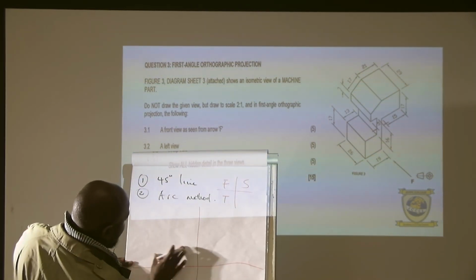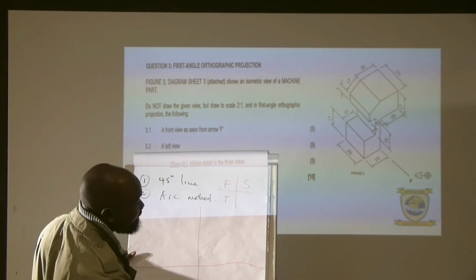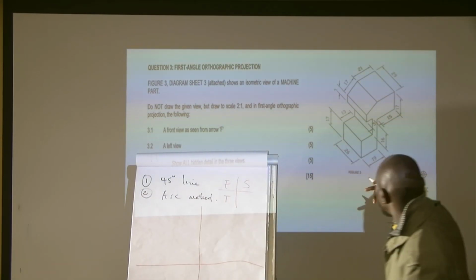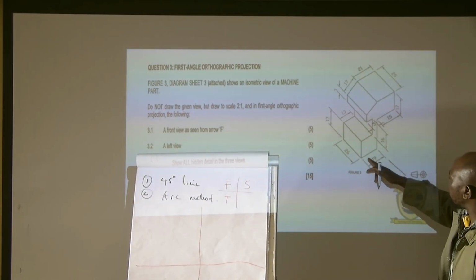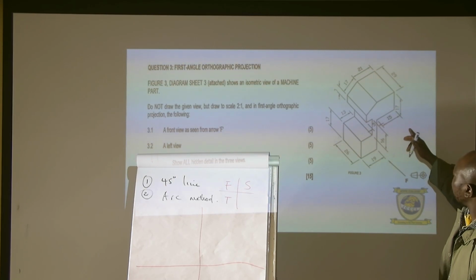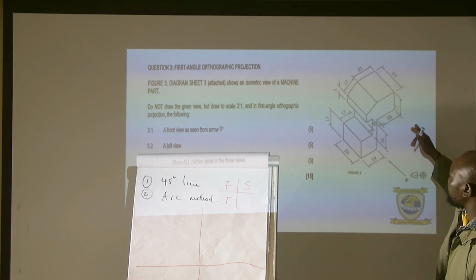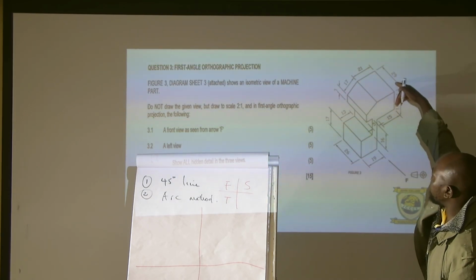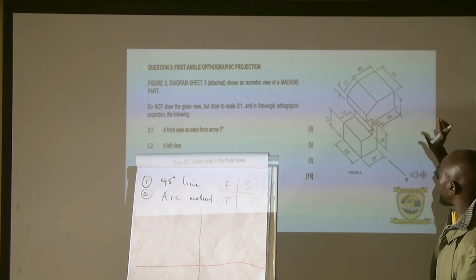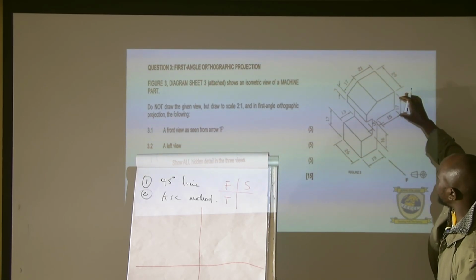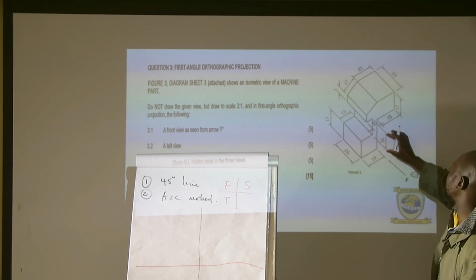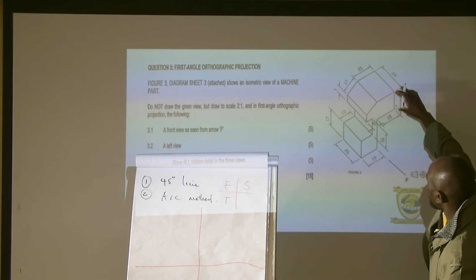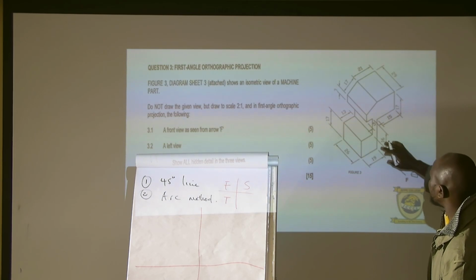So I would create enough space for myself this side, and to be very accurate, I always advise that we total up what we have at the bottom for the width, and then what we have on the height. So if you realize now, we have a 17 there, we have a 16, we have a 17 there, okay?